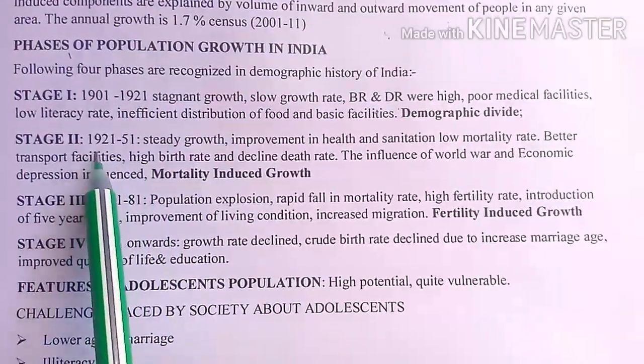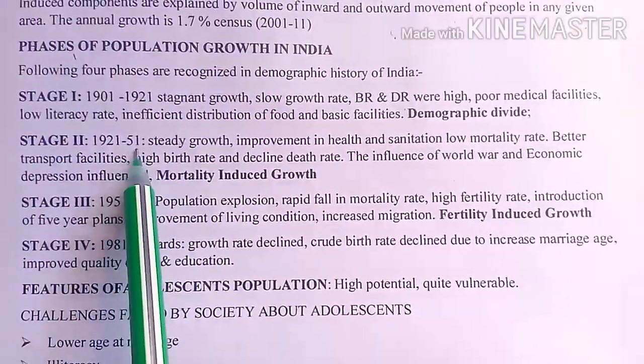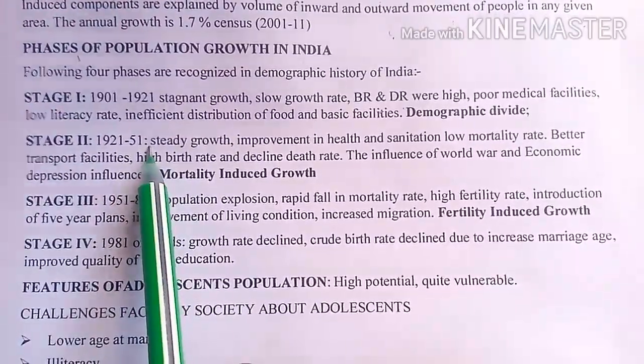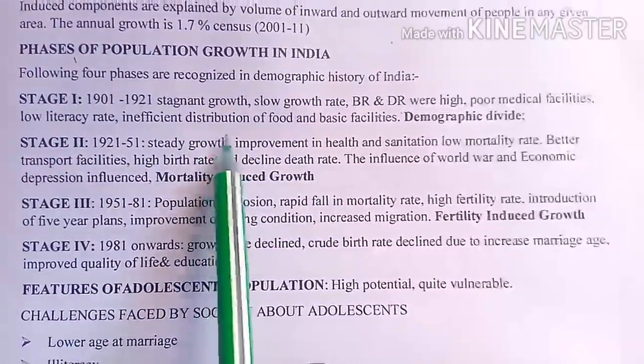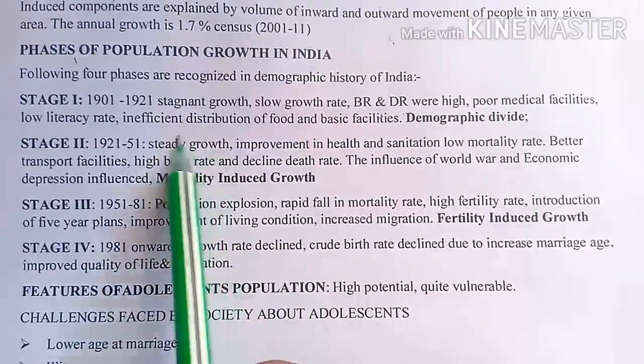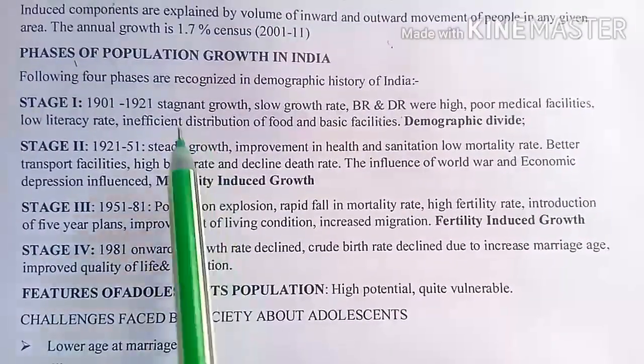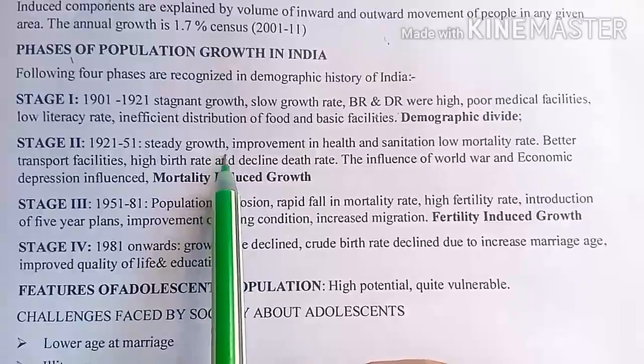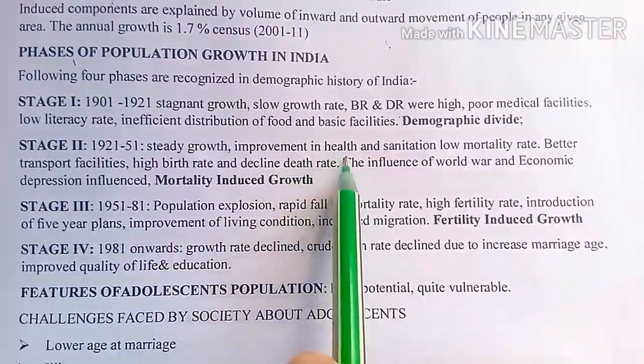After this period, in the second stage, 1921 to 51, steady growth. Steady growth means growth is going on, but it is slow, not rapid. There was improvement in health.